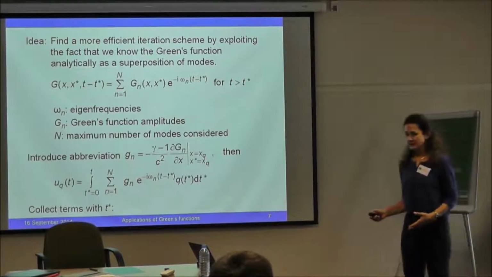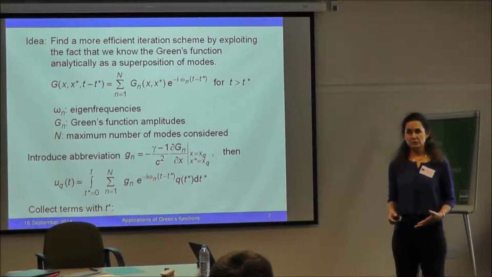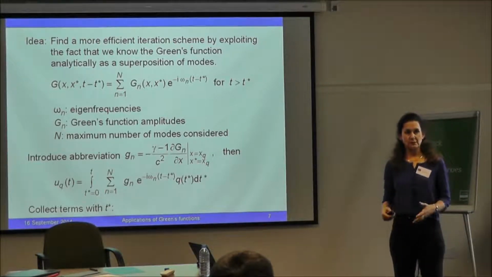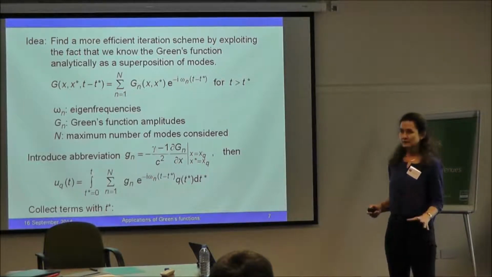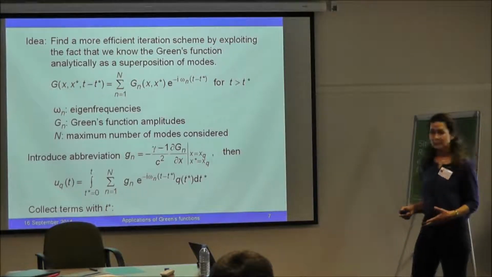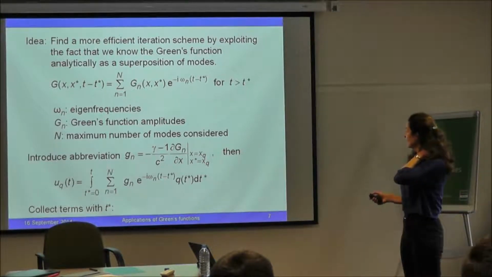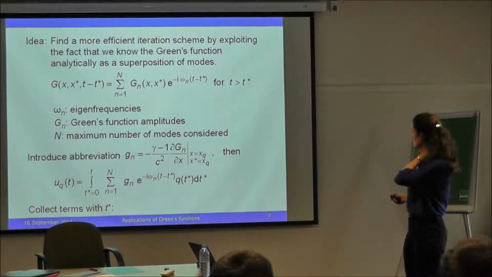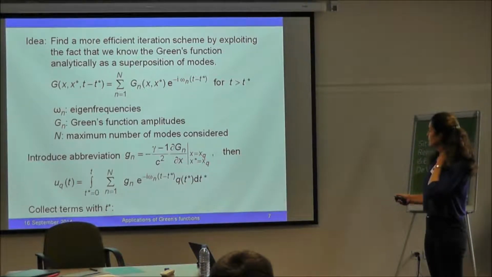Well, the idea here is that we know rather more about the Green's function. We know that it's a superposition of modes and that it has a time dependence which is given by the resonance frequencies. So let's use that information and try to develop a cleverer iteration scheme which is numerically easier to handle. So our Green's function is a superposition of modes, and of course it's 0 before the impulse, with the eigenfrequencies omega_n, Green's function amplitudes g_n, and then I've truncated this sum.